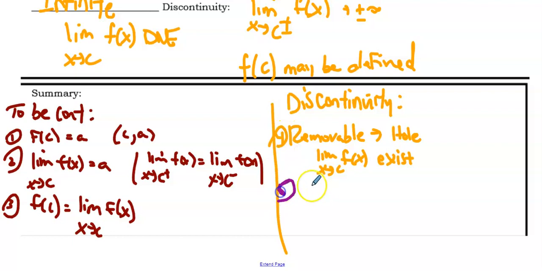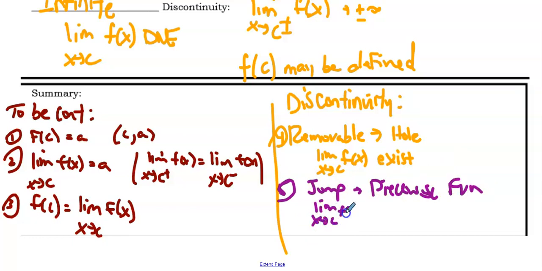For 5, jump, it's going to be a piecewise function. And the limit as x approaches c of f of x does not exist. Okay, and this one again, the left-hand limit does not equal the right-hand limit.